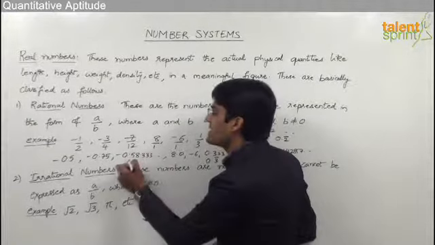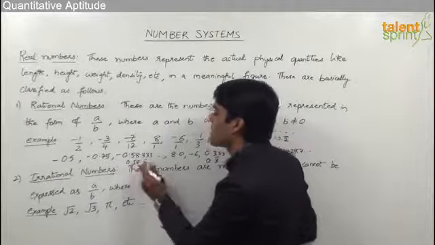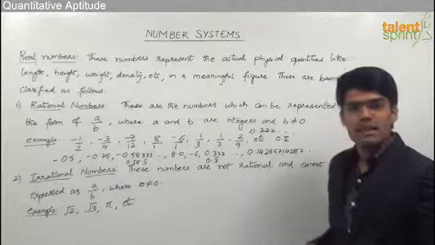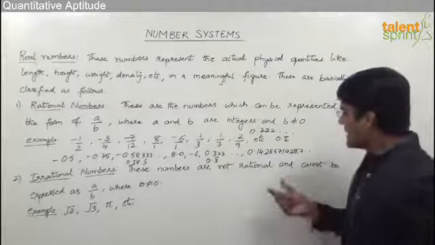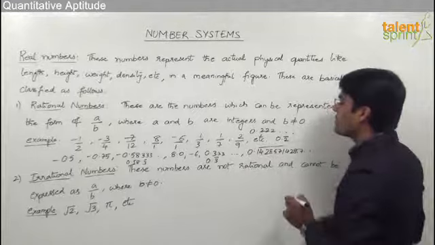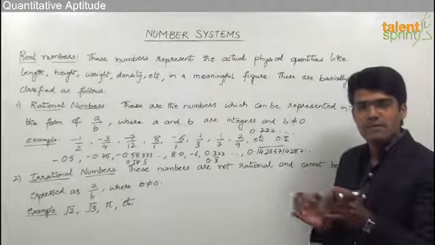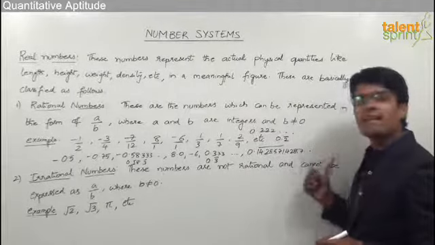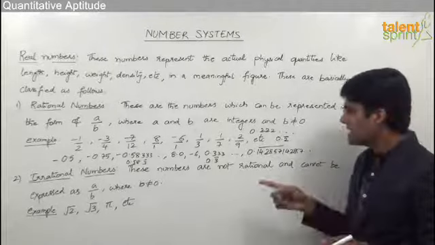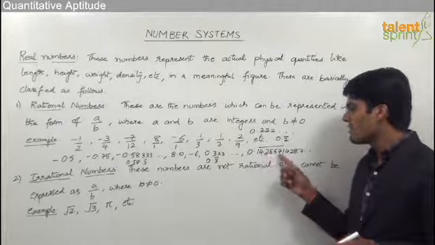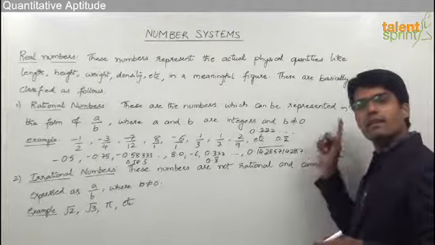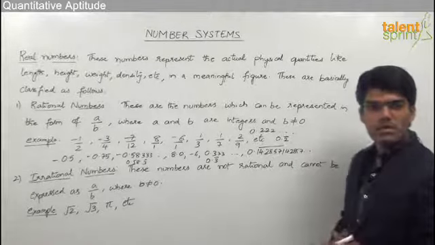So this can be taken as 0.583 bar. That means 3 occurs again and again at regular intervals. And in this case we find that 142857, the set of these 6 digits, occurs again and again up to infinity. As you can see, this is 0.142857, 142857 and 142857, and so on.